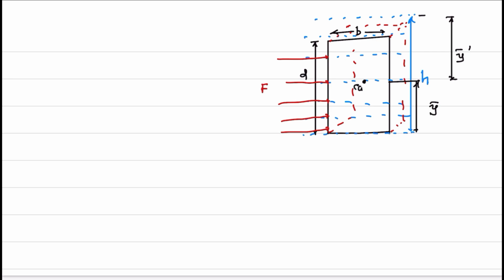Then this resultant pressure acting on the surface causes pressure on the vertical surface, and that vertical surface will have a center of pressure, the point on a submerged surface where this total resultant pressure acts.